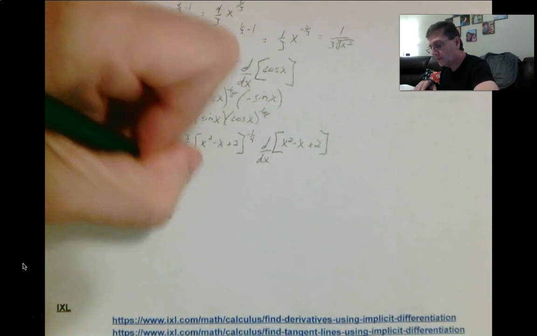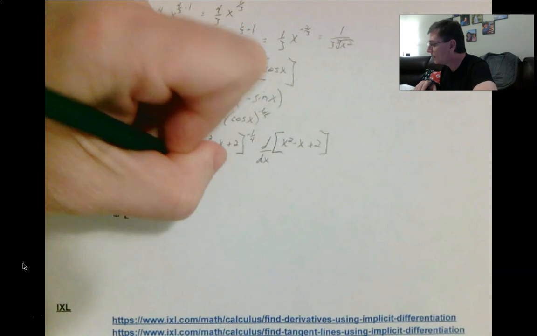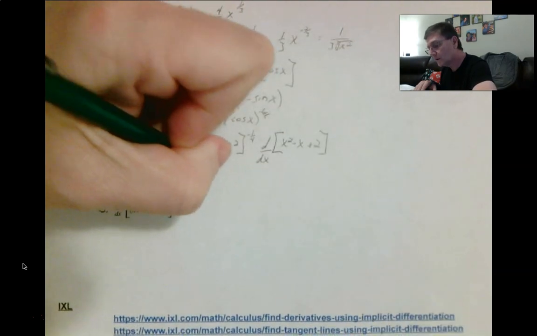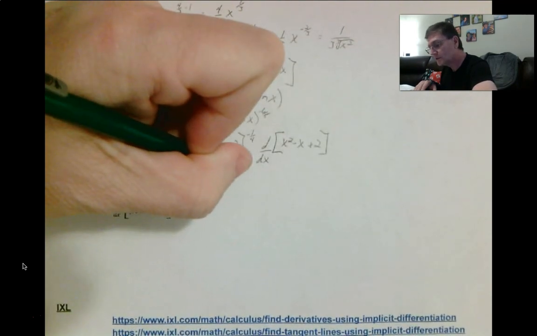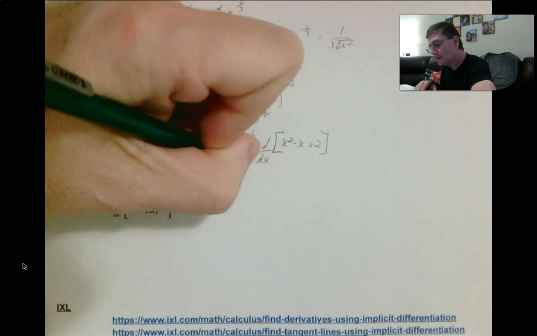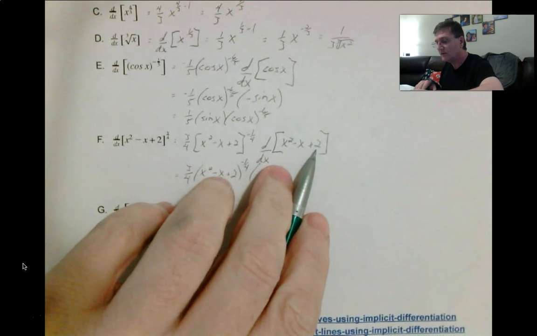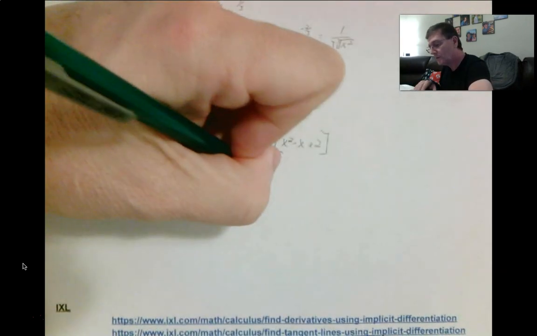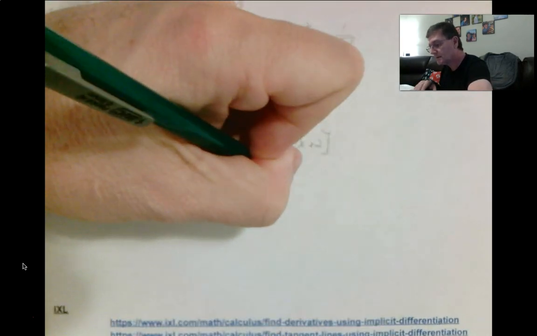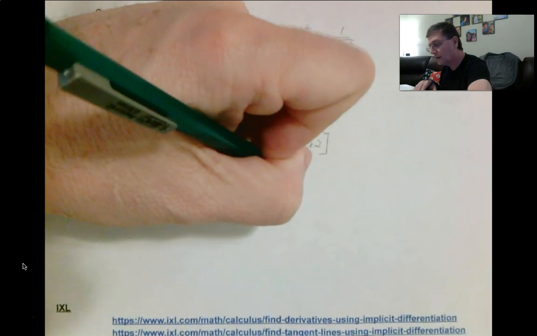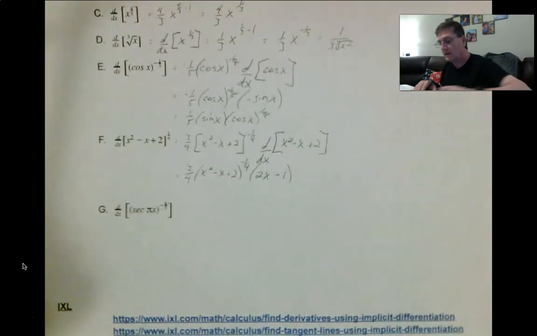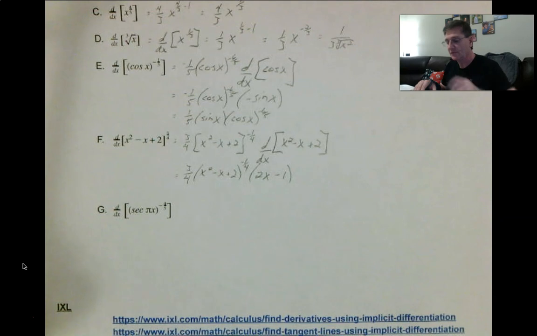Three-fourths x squared minus x plus 2 to the negative 1/4 times derivative of this is power rule, 2x minus 1. And that's the answer to part F.